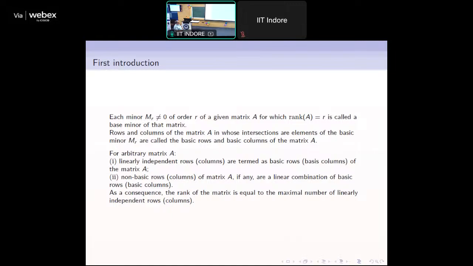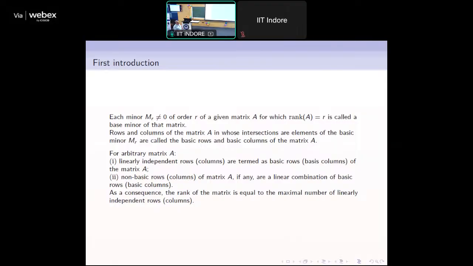Each minor of order equal to the rank of the matrix is called a basic minor of that matrix. Rows and columns which form a basic minor are called basic rows and basic columns.